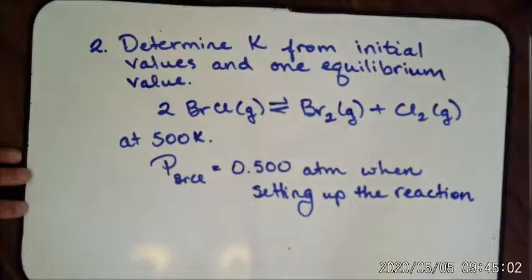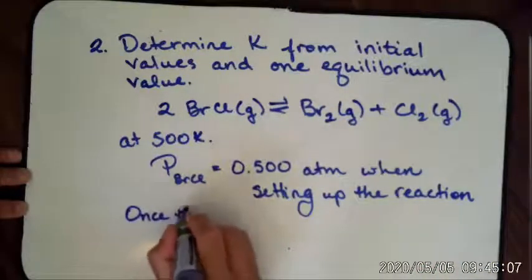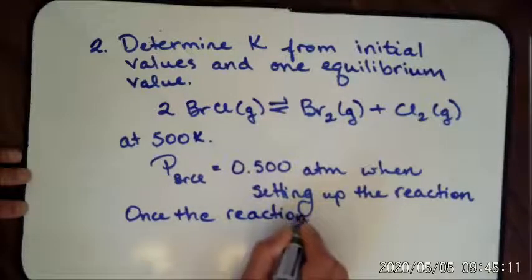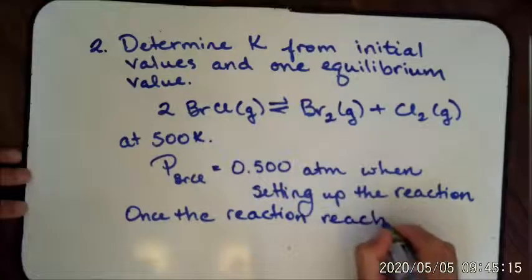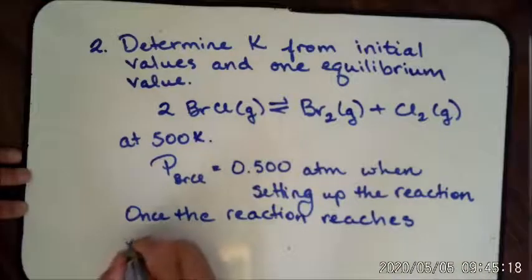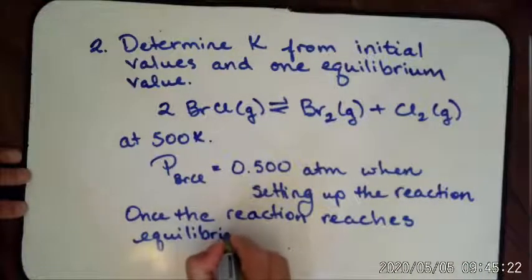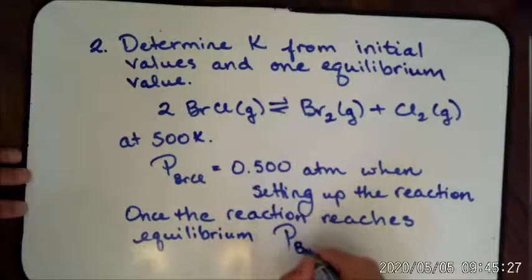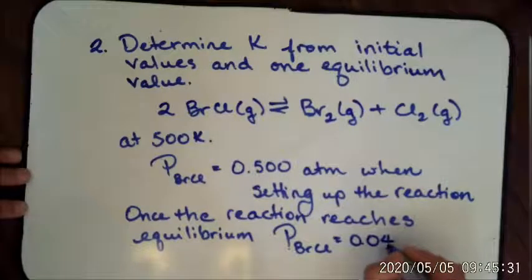Okay, and once the reaction reaches equilibrium, the partial pressure of my bromine chloride gas is equal to 0.045 atmospheres.